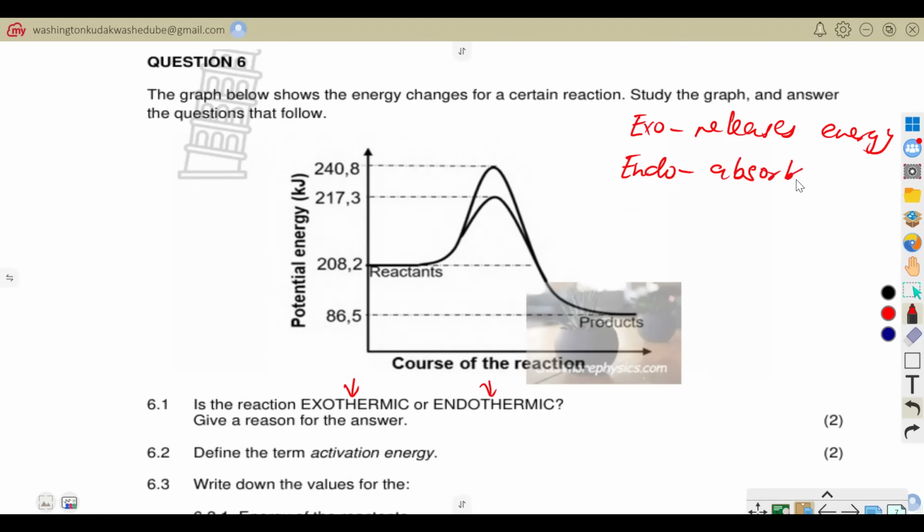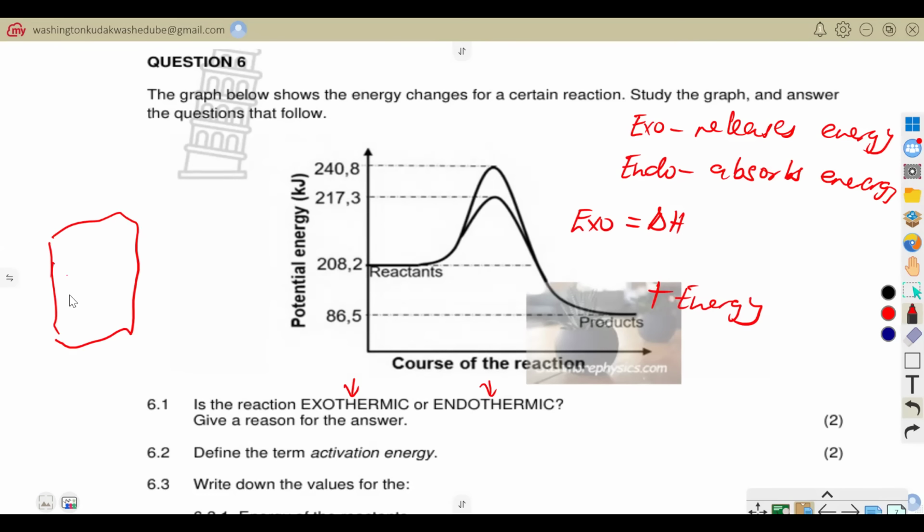absorbs energy. So if that is the case, for an exothermic reaction, since it releases energy, it simply means that at some point we are also going to have energy given out. Our reactions occur in a closed system, so the total energy there is conserved.